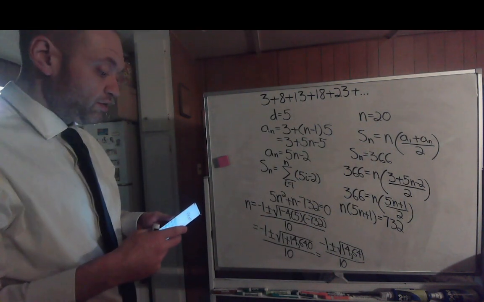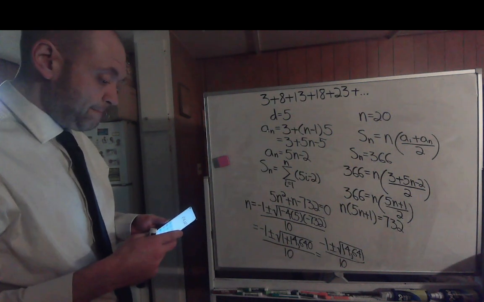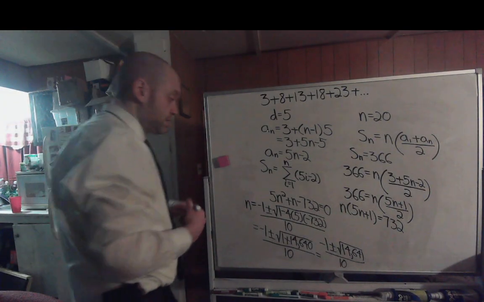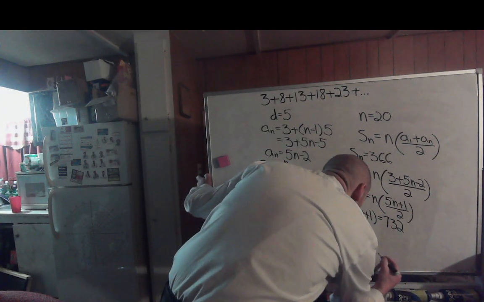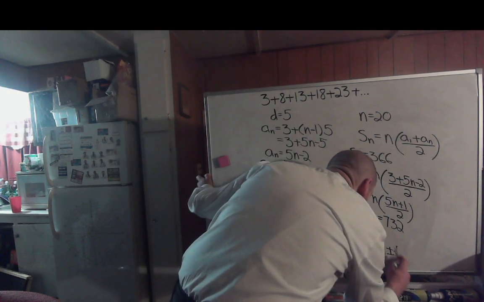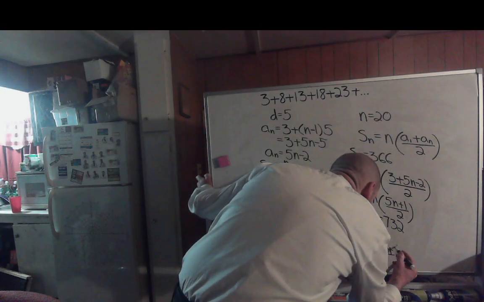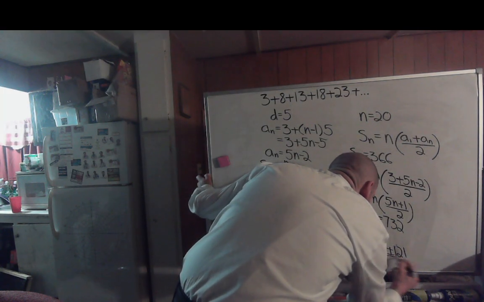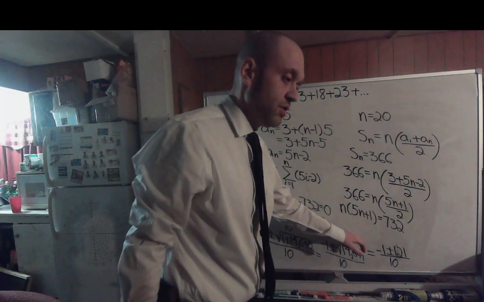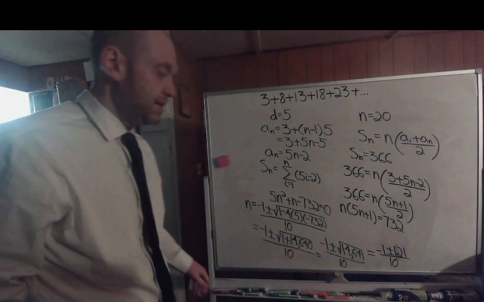Alright, so the square root of that is going to be 121. So you'll get negative 1 plus and minus 121 all over 10. Well, when you find term numbers, you can't have a negative term, so you're only going to consider the positive.